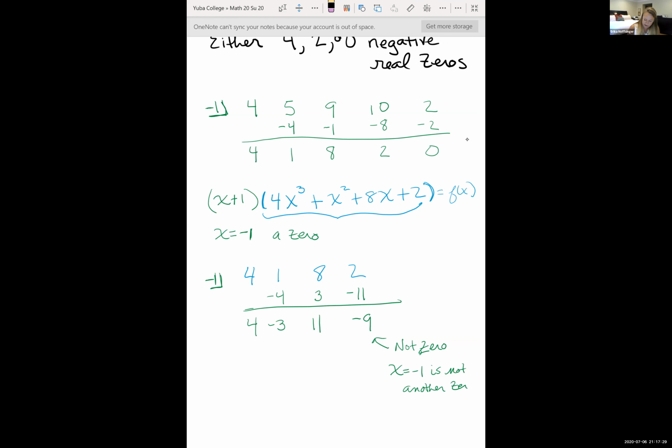Still 0 up here, though. I also see my lower bound theorem happening. I'm alternating signs, +4, -3, +11, -9. So the lower bound theorem says there cannot be a number smaller than -1 that is a 0. And so -2 is now no longer in my list that can work.